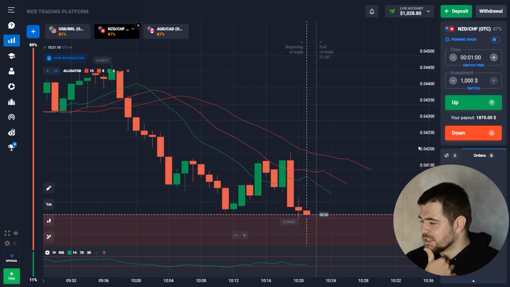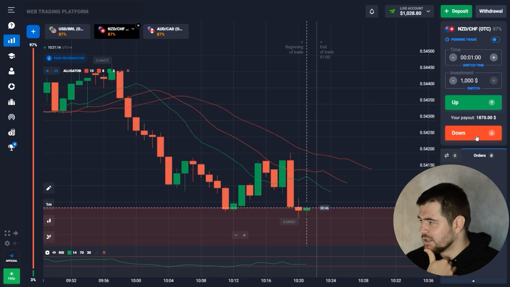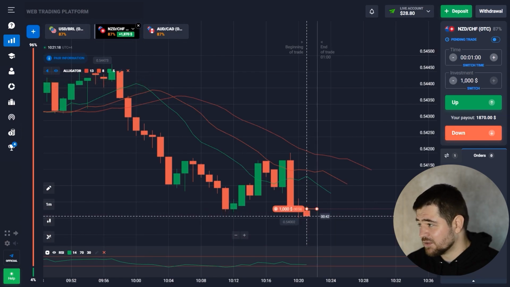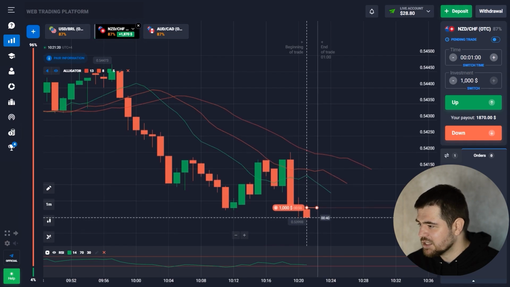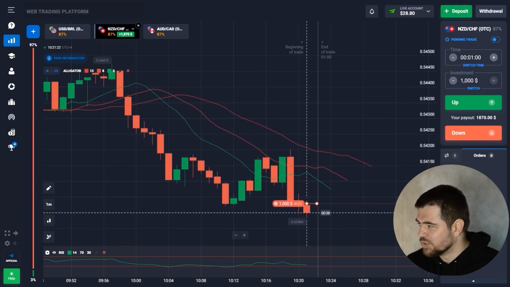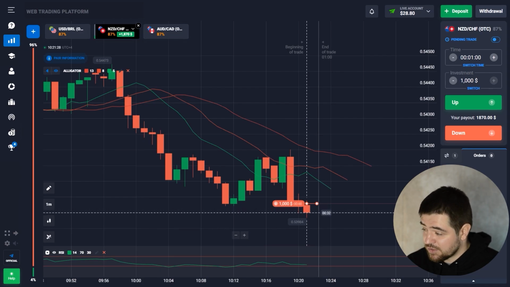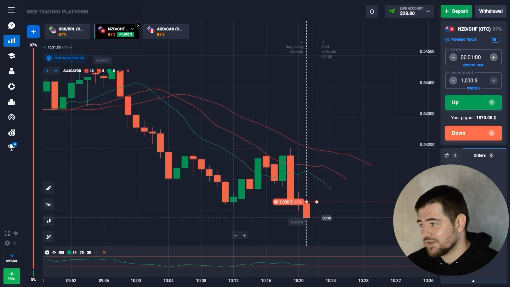Let's make the put option here. The sidebar is giving us pretty strong advice on what percentage we're looking at, and both the indicator and oscillators are looking down, and so is the trend.